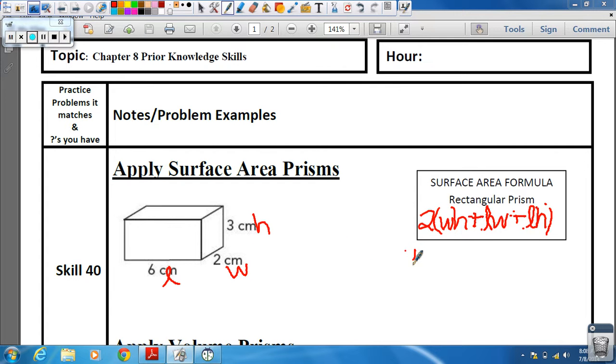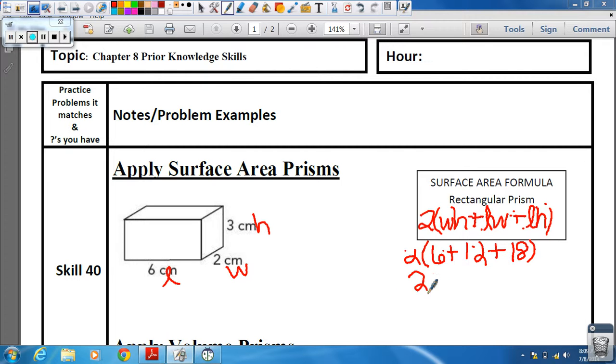So I have 2 times the quantity width times height. So 2 times 3 gives me 6. Plus length times width, 6 times 2 gives me 12. Plus length times height, which is 6 times 3 is 18. I complete within the parentheses first, so I add 6, 12, and 18.